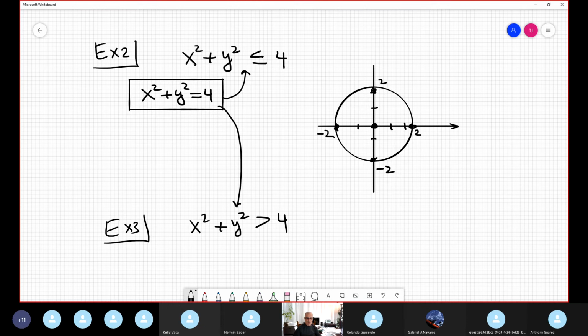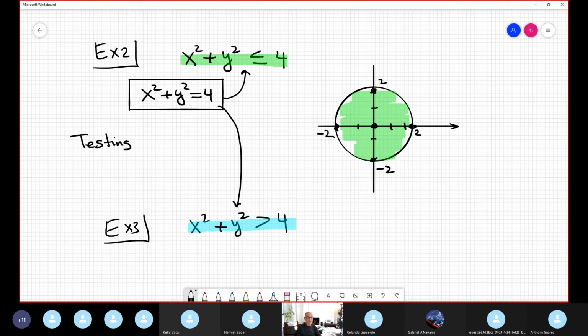What do you think the solution for this is? Is it inside or outside? I don't think, I apply a testing point.